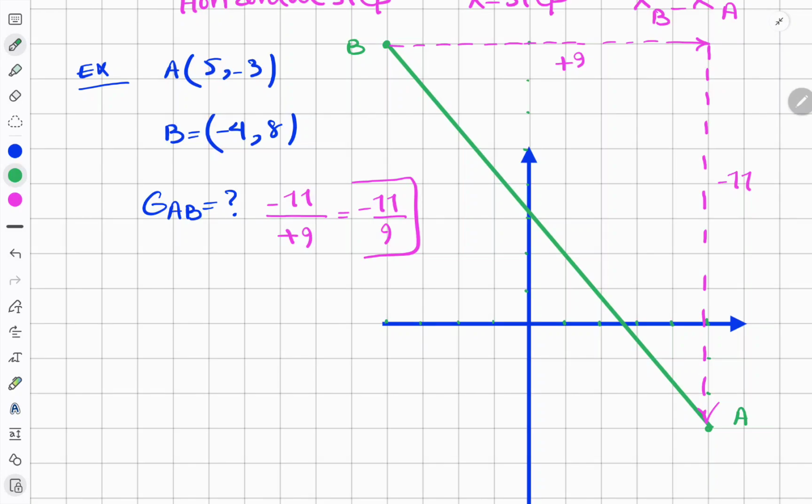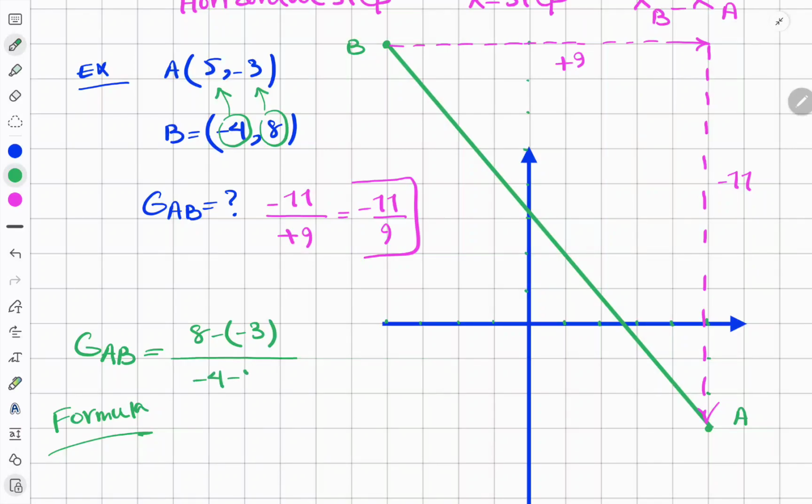And how about using the formula? So the gradient of AB with formula. Okay, difference of y's, I'm gonna start from this to this, 8 minus negative 3, over negative 4 minus 5.